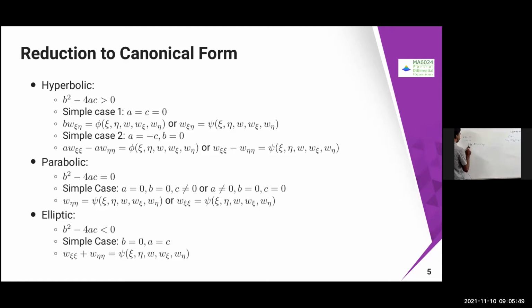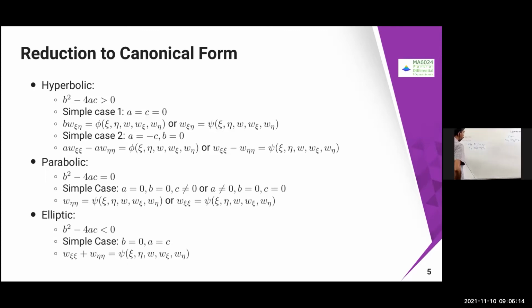Therefore I can write w_chieta equal to some pi of chi, eta, w, w_chi, w_eta. Of course this is a different function, but I am just abusing the notation and writing it again as pi. Or you can put different functions, it doesn't matter.